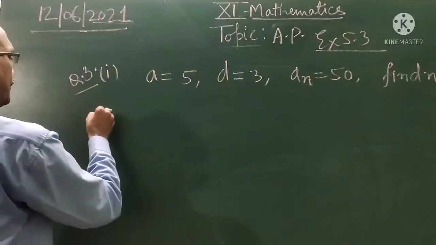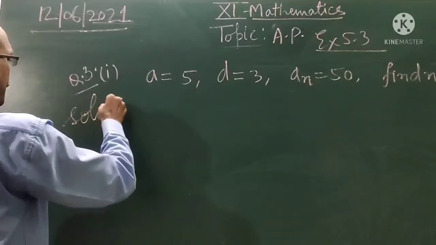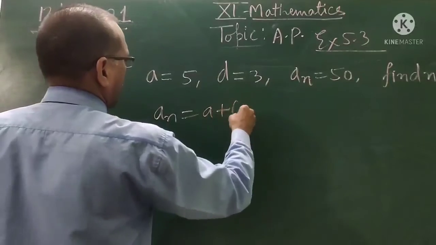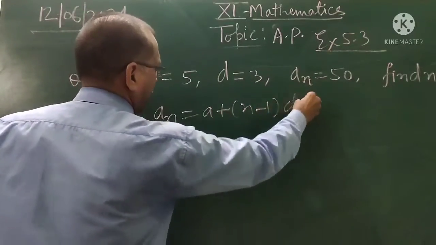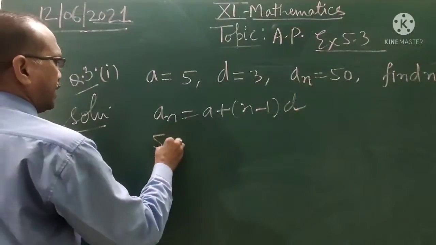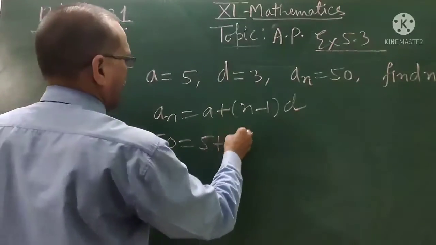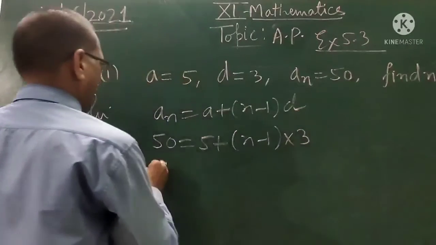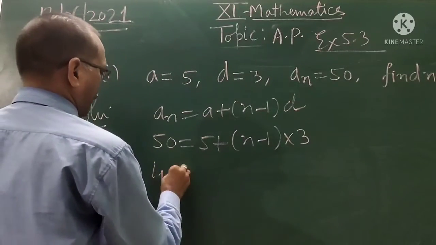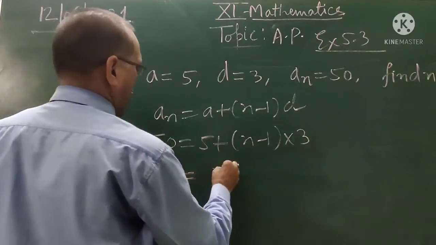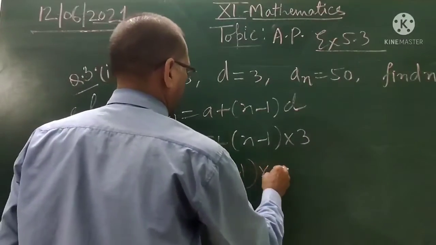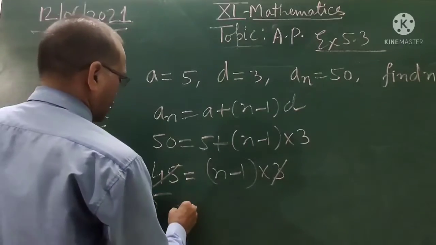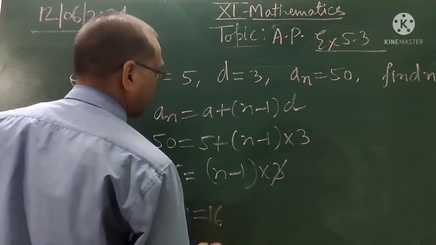Student, as you know, an equal to a plus (n minus 1) into d. It is 50 equal to 5 plus (n minus 1), and d equal to 3. It is 45 equal to (n minus 1) into 3. 3 1s are 3, 3 5s are 15. So n equal to 16.